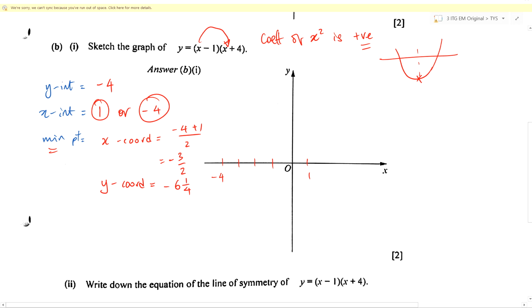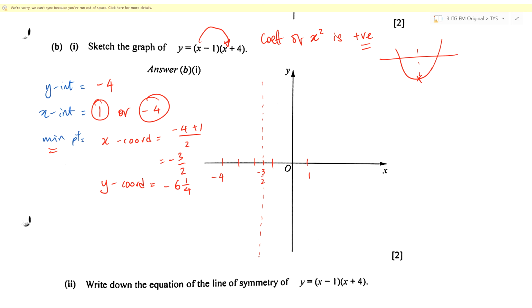The minimum point has x value negative 1.5 over here, negative 3 over 2. I know the minimum point will lie somewhere here, in the middle of my two x-intercepts.